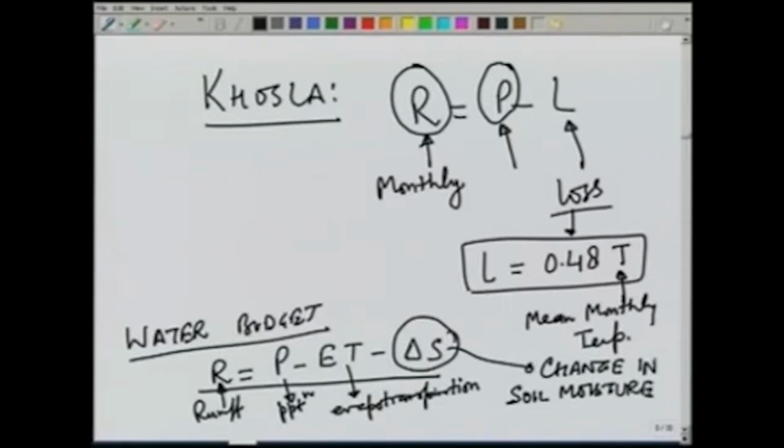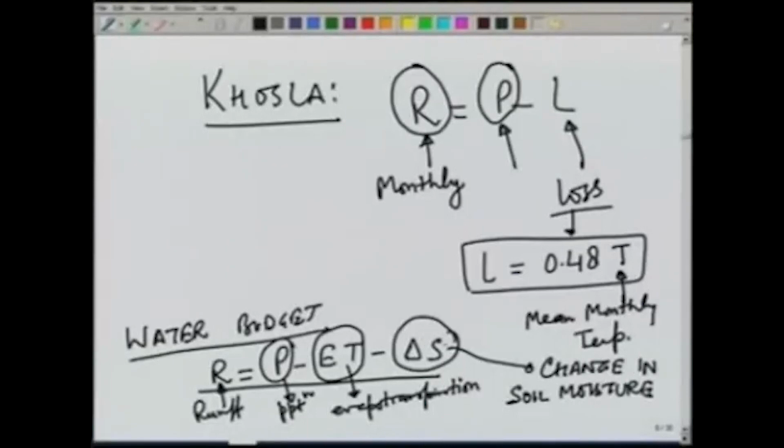So, what the model says is that out of total precipitation, some part goes into evapotranspiration and some part goes to increase the soil moisture. So, it infiltrates into the ground, and therefore, the soil moisture is increased. Now, if delta S is negative, then of course, it means that there is decrease in soil moisture, and therefore, the runoff would really be higher than what it would be for a delta S which is positive.